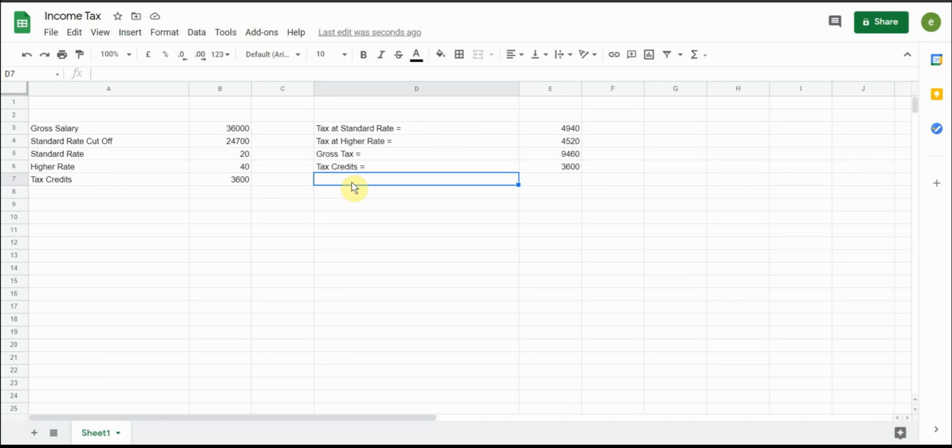Now, tax credits reduce the amount of tax you will have to pay. So instead of this person paying 9,460 euro, this person will only have to pay this figure here, take away this figure here. So this person will only have to pay 5,860, so we call that his net tax.